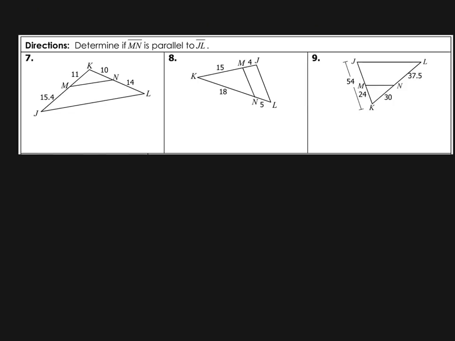These last set of problems, notice it just wants us to determine if MN is parallel to JL. Where's MN? Right here. JL's right here. Are these parallel? That's the big question. And what if they are? The proportions should work out. What do those proportions look like? 11 to 15, rather, should be in proportion to 10 over 14.